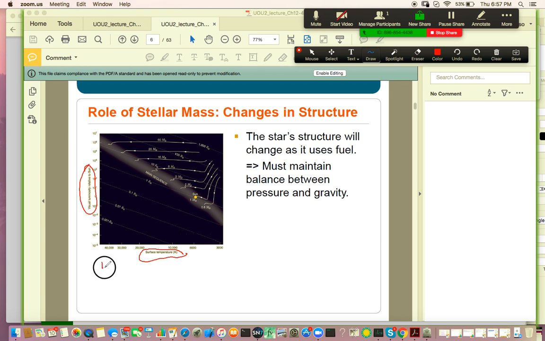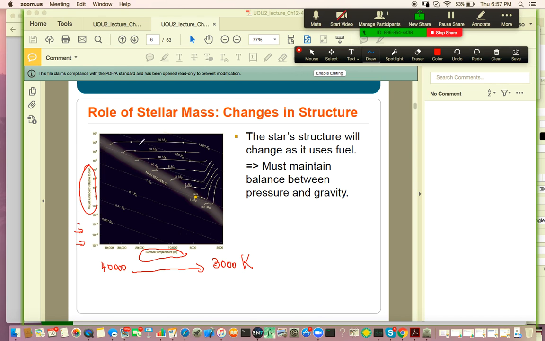You go from high temperature on the left hand side, and the scale diminishes to low temperature on the right hand side, so 40,000 to 3,000, and the scale here is in Kelvin. And the luminosity here, which is the energy the star itself is producing, is given in logarithmic scale.